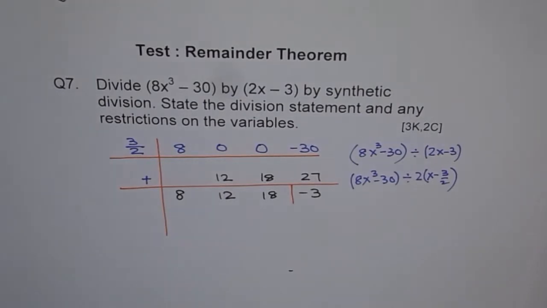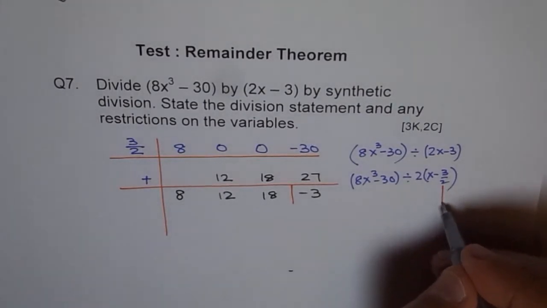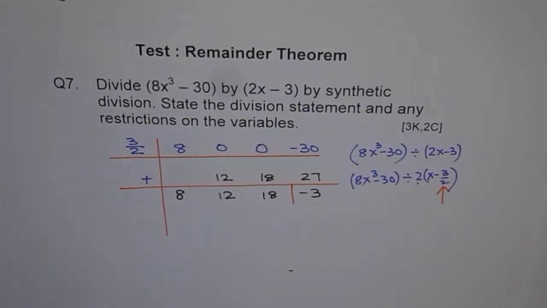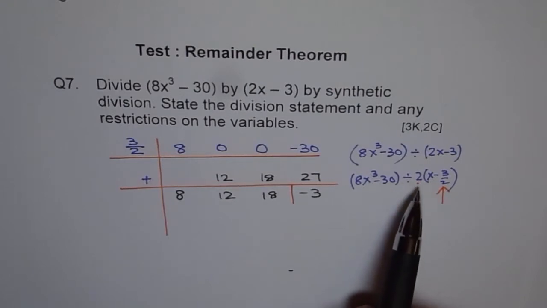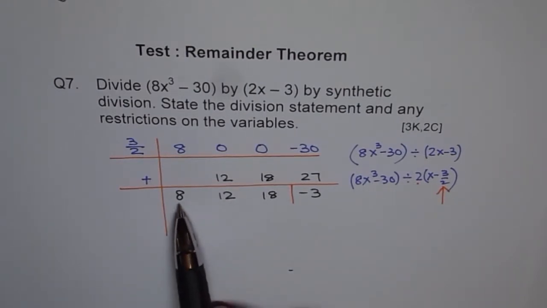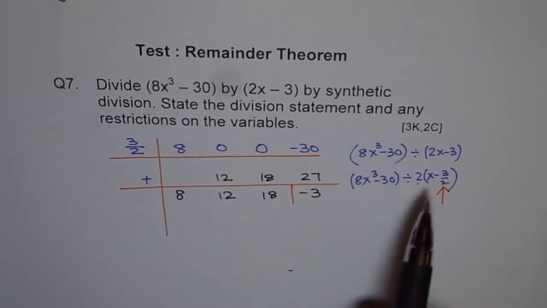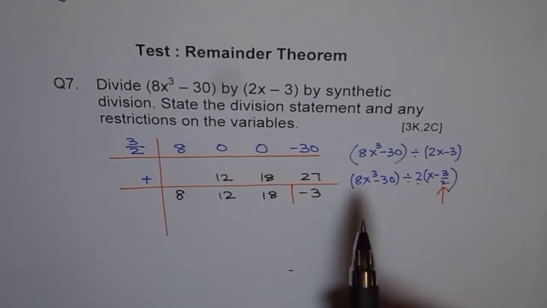So what we have done so far is, we utilized this factor 3 by 2, but we have still to divide by 2. I hope you remember that this 2 will divide into these coefficients to write our answer, right? And the remainder remains the same.